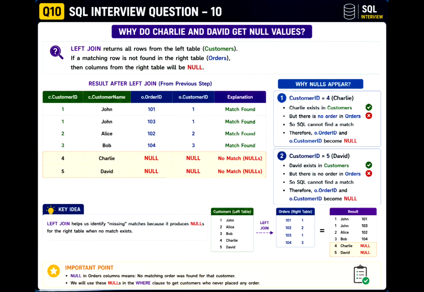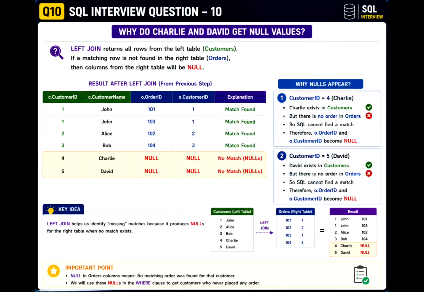Left join always keeps all records from the left table. If a matching record exists, return the matching data. If a matching record does not exist, return null values. We will use these null values in the where clause to get the final answer and find customers who never placed an order.